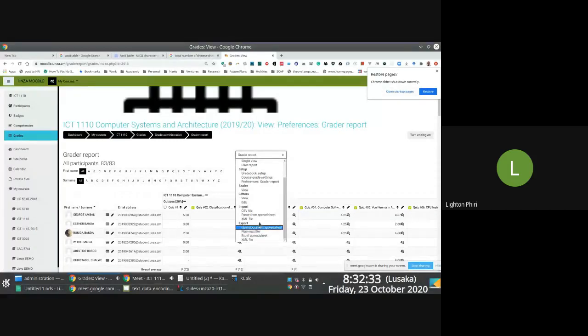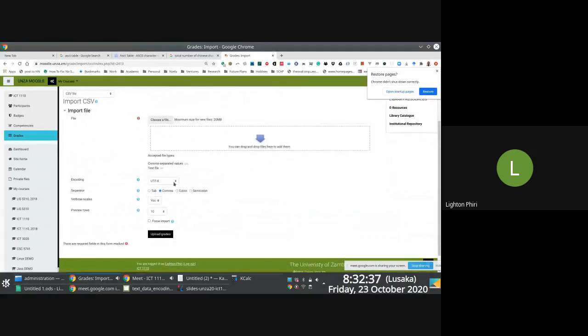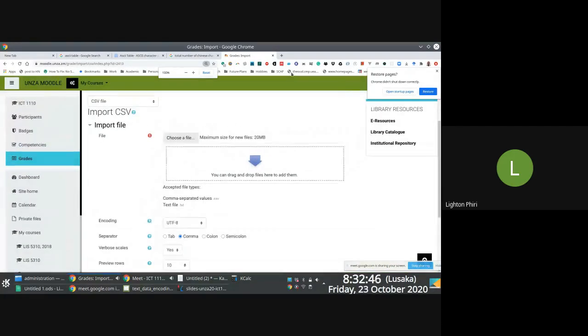If I'm wanting to import grades here, you see this? Encoding, right? These are options that you see. I'm just going to zoom in here so that you see what I'm talking about.